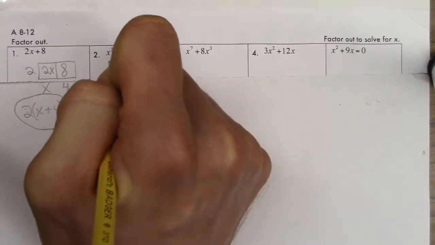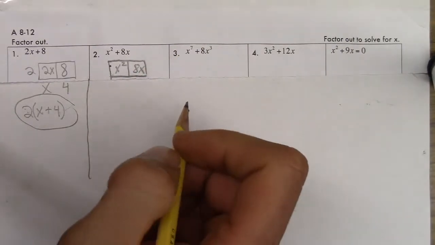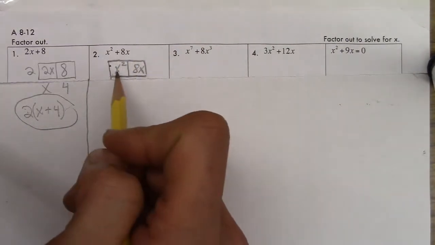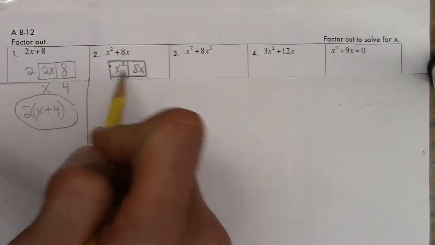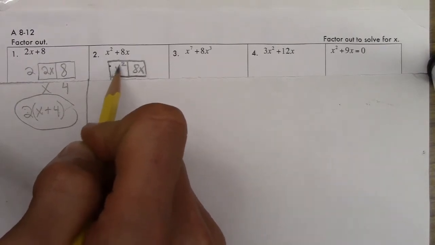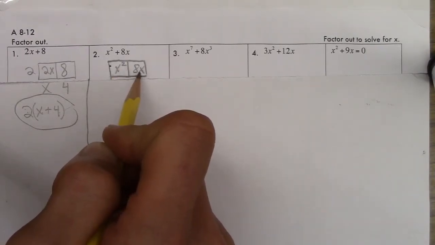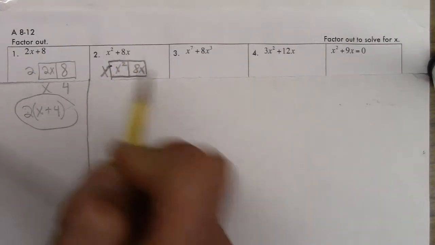So standard form, inside the boxes: x squared and 8x. This is different. What do they have in common? What's in each of these boxes that I can take out? X's, for sure. There are 2 x's in x squared and 1 x in 8x. So I can take out 1 x from each box.